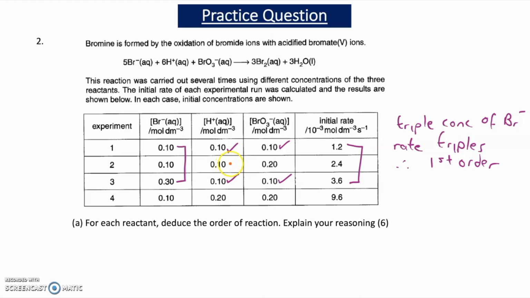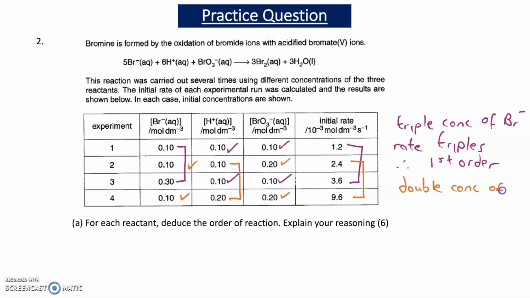So to determine the order with respect to the H+ ions, I need to look at experiments 2 and 4. And here I double the concentration of H+ ions, but I keep the bromide ion at 0.10 moles per decimeter cubed and the bromate ion at 0.2 moles per decimeter cubed.